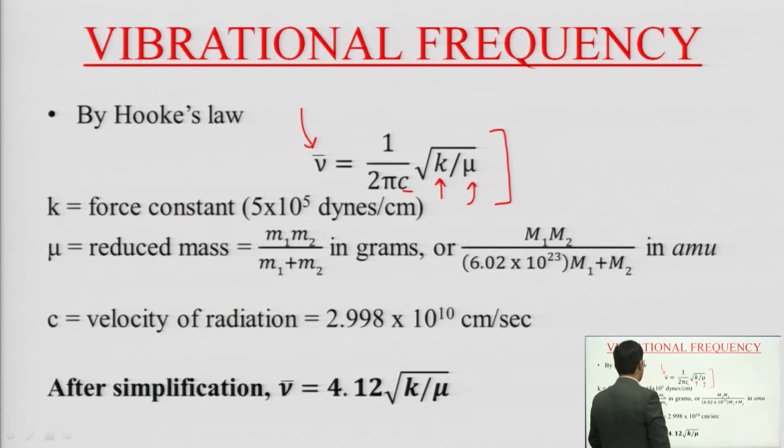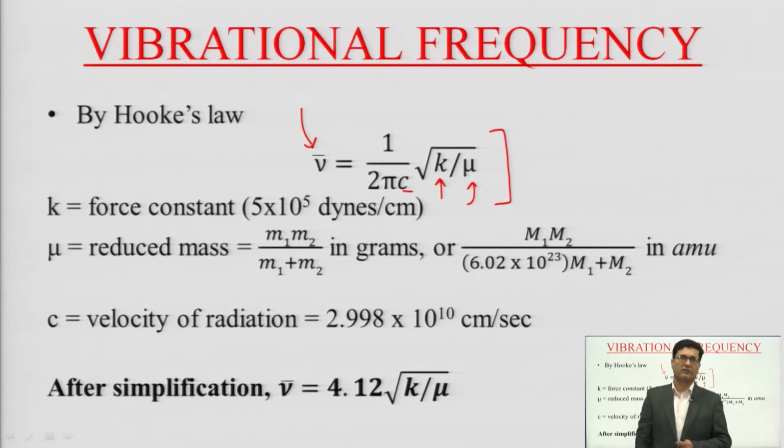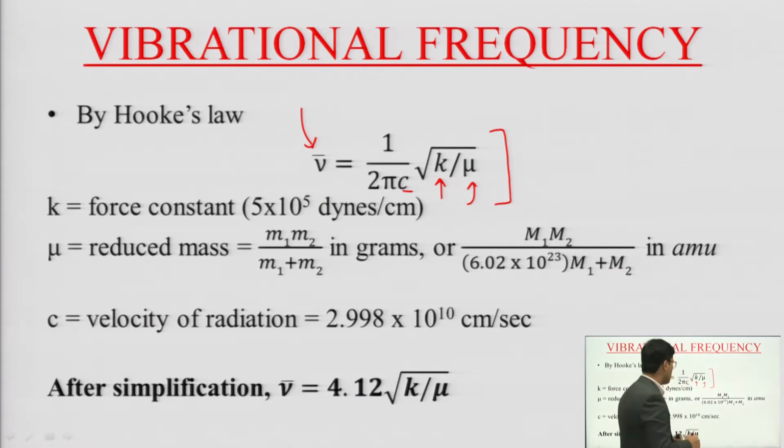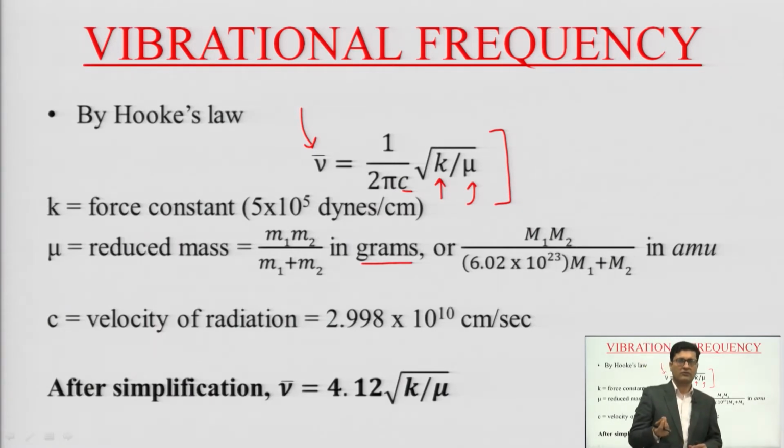The force constant value is generally expressed as 5 into 10 to the power 5 dynes per centimeter for a single bond, and mu is the reduced mass, calculated as m1 m2 upon m1 plus m2. Here the masses are expressed in grams, but the values we know are in AMU, atomic mass units.